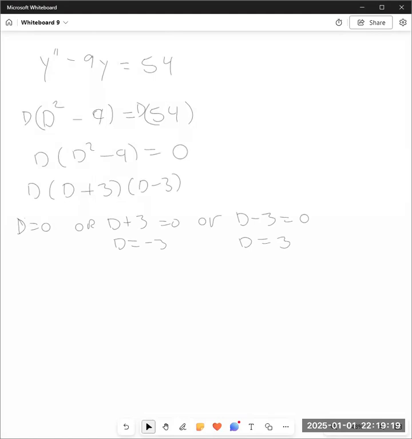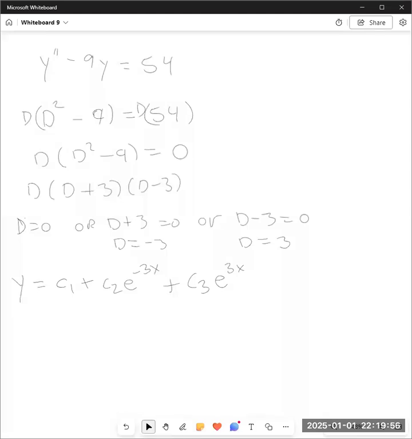Really, capital D here is taking the place of my m that was in my auxiliary equation before. It's acting in the same way. So the total y is going to be equal to a plus b e to the -3x plus c e to the 3x.